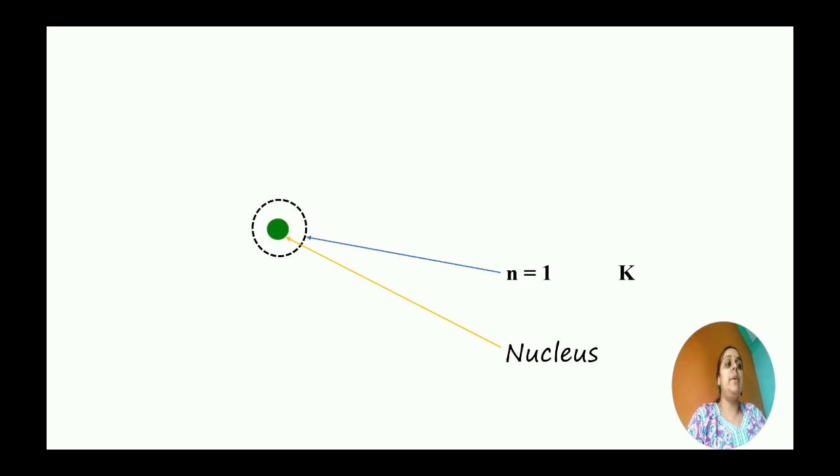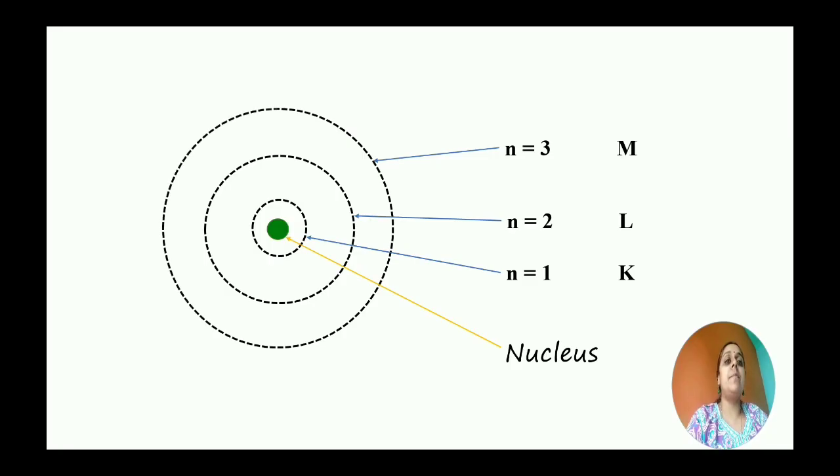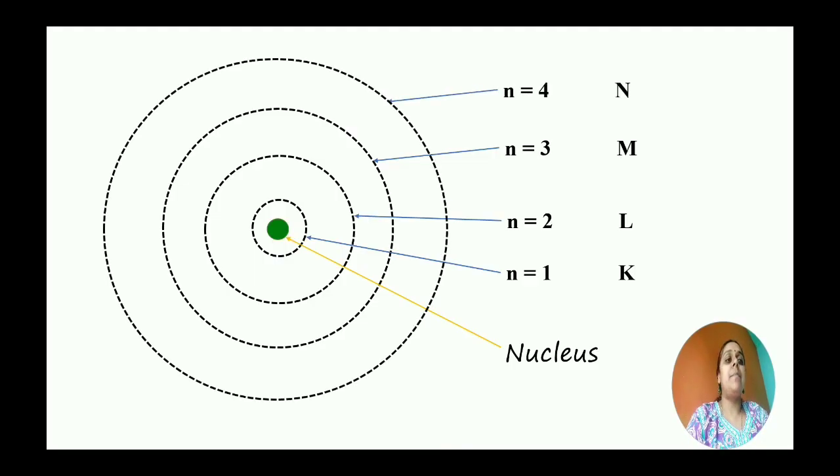The first orbit or shell around the nucleus is represented by the number n equal to 1 and by the letter K. Similarly, the second orbit is represented by n equal to 2 or the letter L. The third orbit is represented by n equal to 3 or the letter M, and the fourth orbit is represented by n equal to 4 or the letter N, and so on.